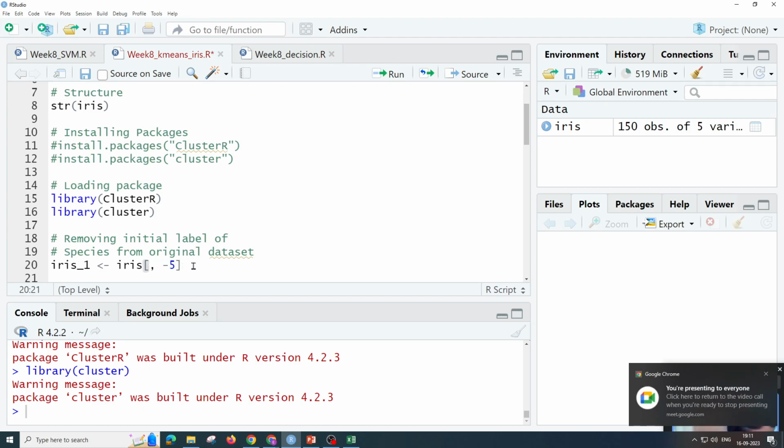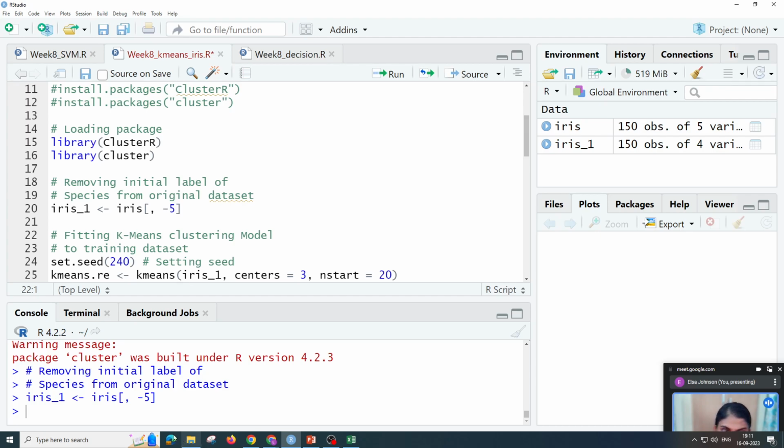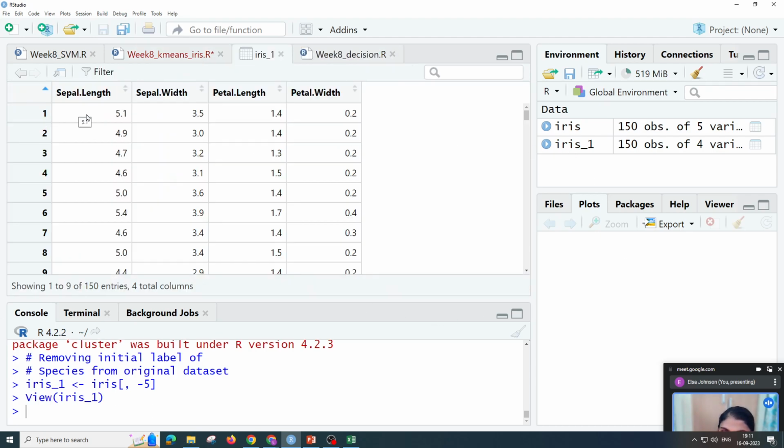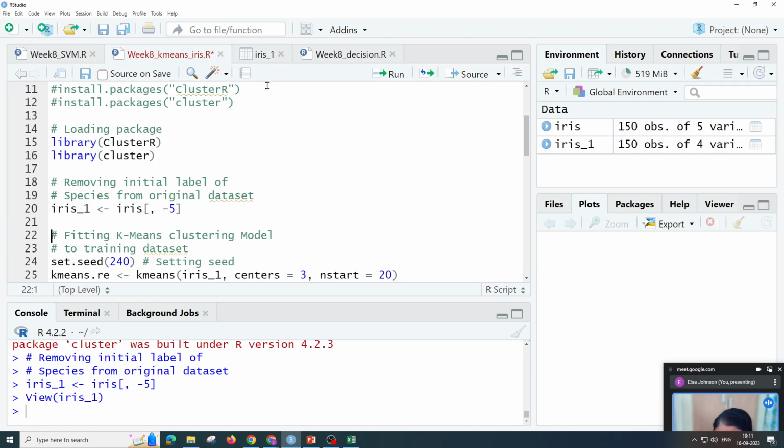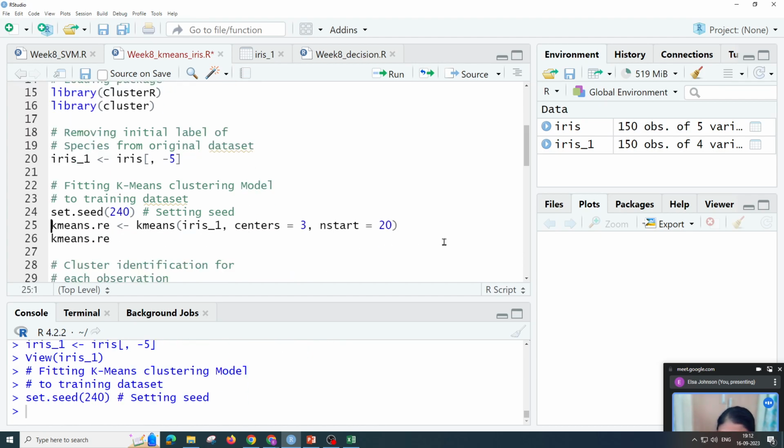So we'll remove the label and give iris1, which has just the 4 columns: sepal length, sepal width, petal length and petal width. We have removed the label. Then we fit the k-means clustering model. I am giving a different seed right now. Then k-means result for iris1, centers as 3 because we already know it will be clustered into 3, and nstart equal to 20.